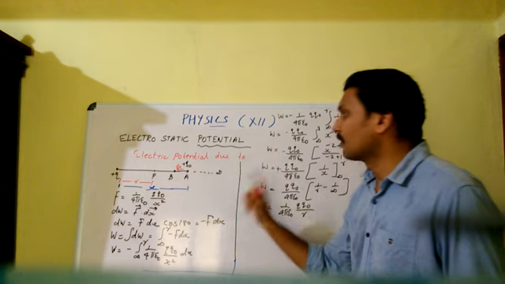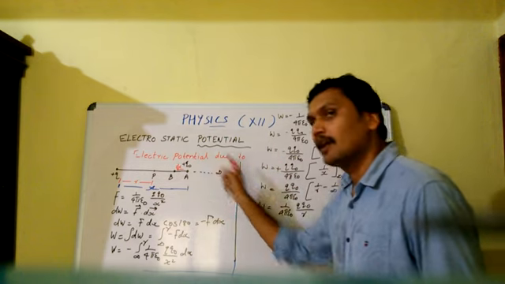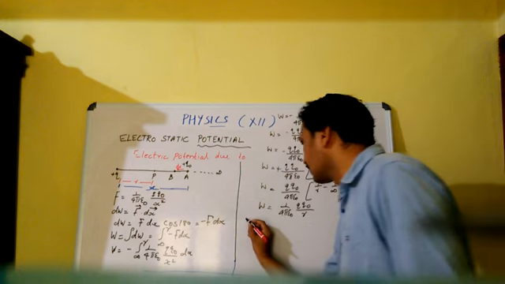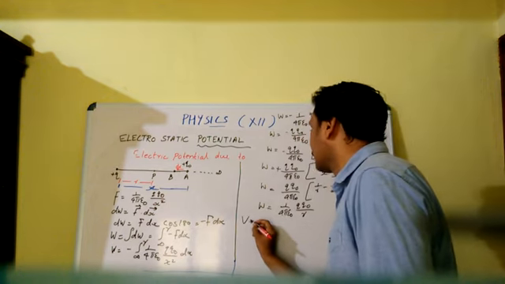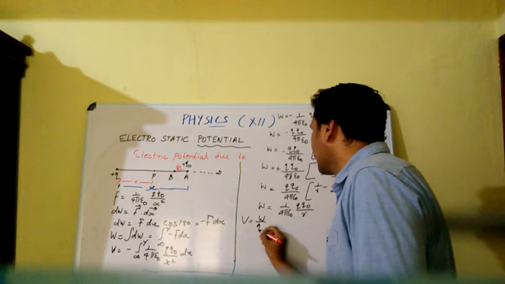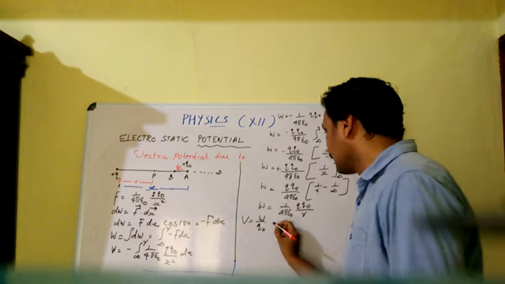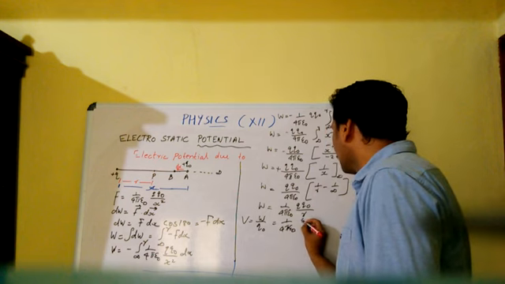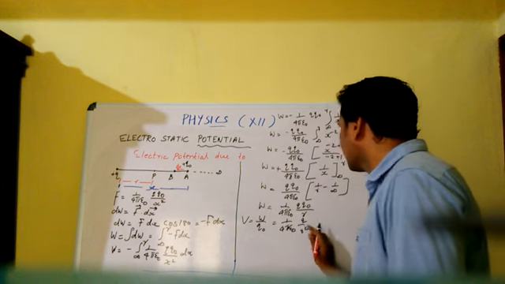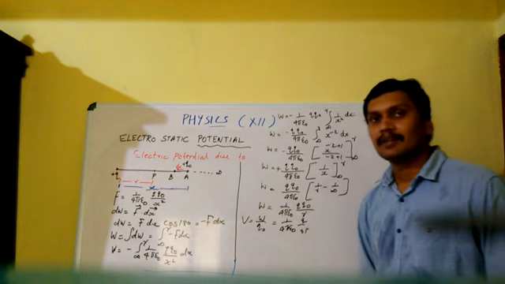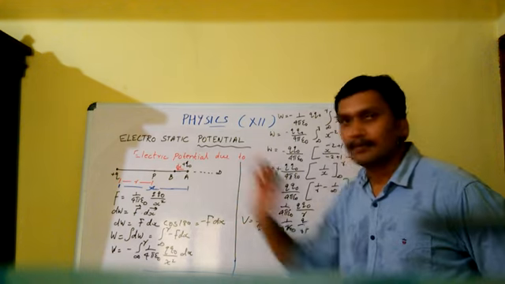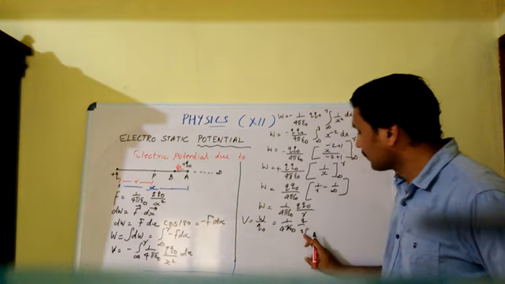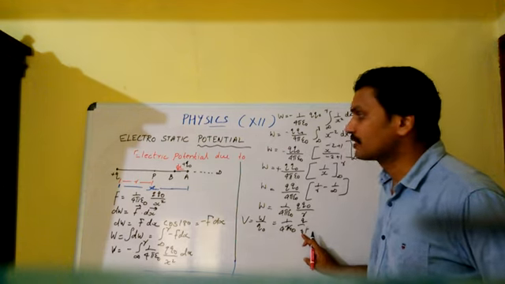This is the work required to bring Q0. The work required to bring a unit charge is known as potential. That is total work divided by the magnitude of the charge Q0. It is equal to 1 by 4 pi epsilon 0 Q by r. This is the potential at the point P. The potential at a point P is inversely proportional to the distance of the point.